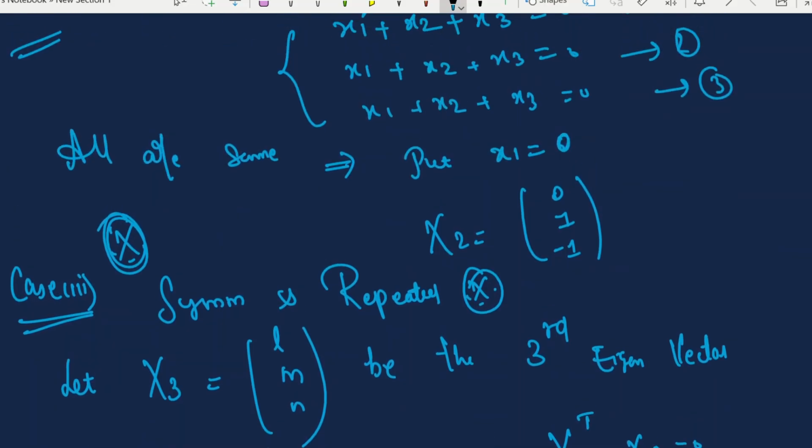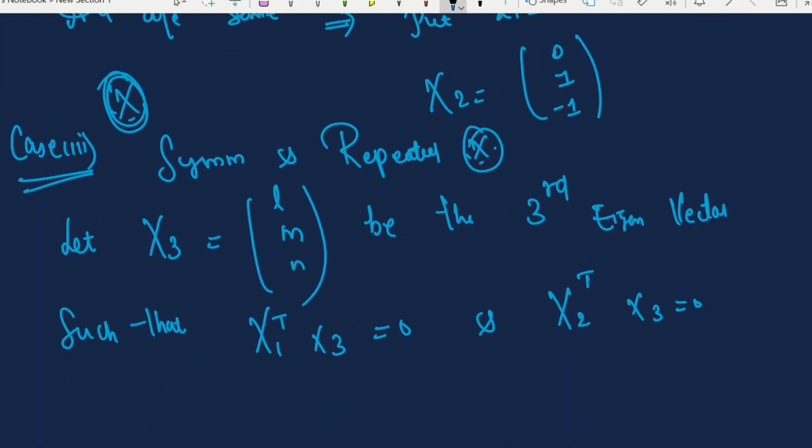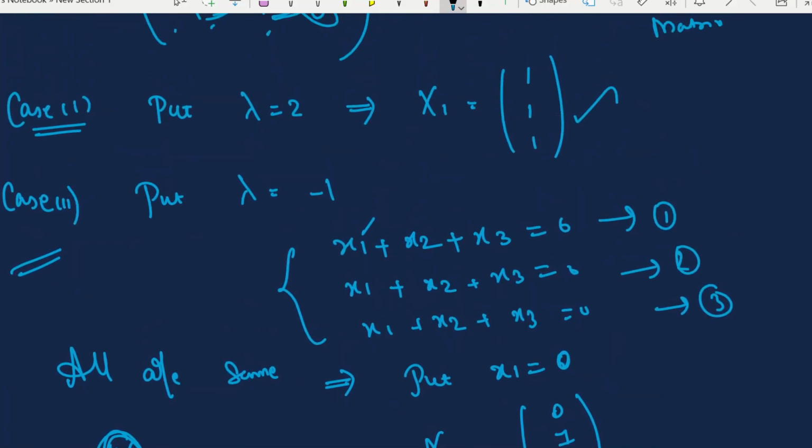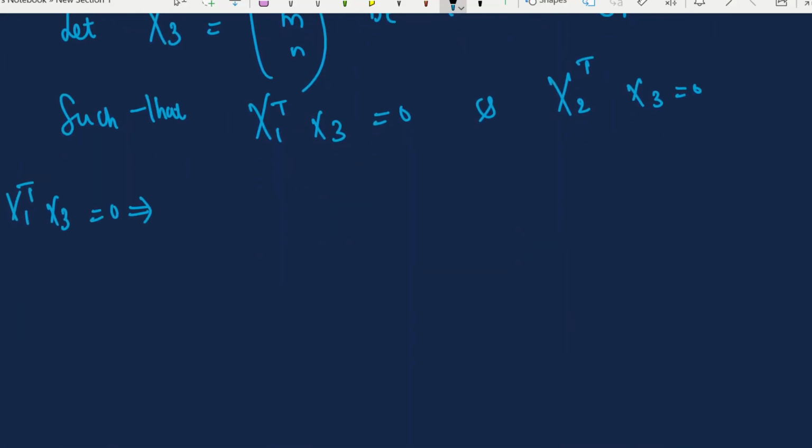So what is our x1? 1 1 1. So x1 transpose x3 is equal to 0. Here x1 is our column matrix, so just make it a row matrix: 1 1 1 times x3 equals 0.